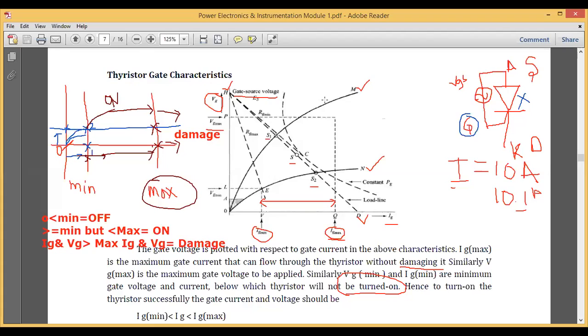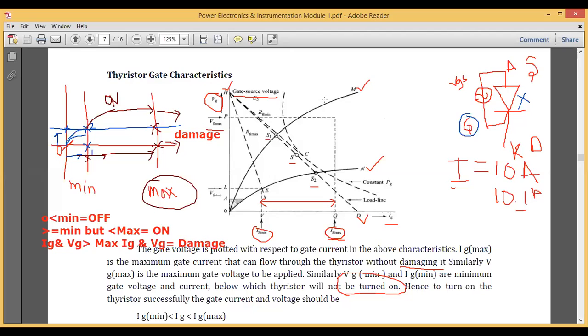When you are trying to operate your SCR in practical cases, we have many various practicals we can do with respect to the SCR, for example the application of speed control of your AC motor, or speed control of your DC motor, or speed control of a normal fan also.